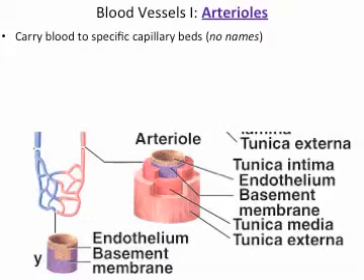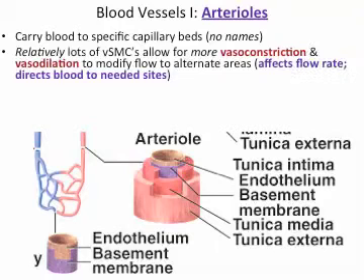Arterioles will carry blood to specific capillary beds, but arterioles and capillary beds don't have names like the medium-sized arteries do. Relatively speaking, there are a lot of vascular smooth muscle cells at the level of the arteriole because, as I told you, that's where most of the regulation of blood flow into an organ is done.